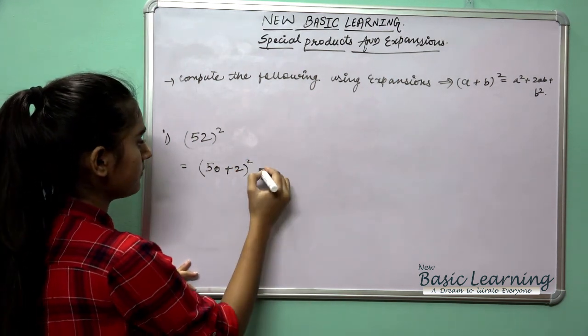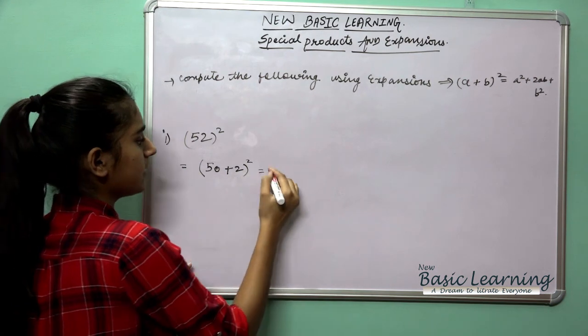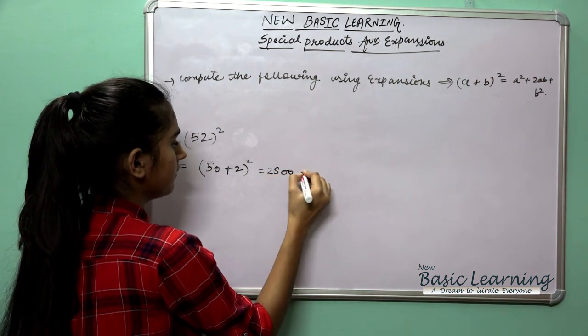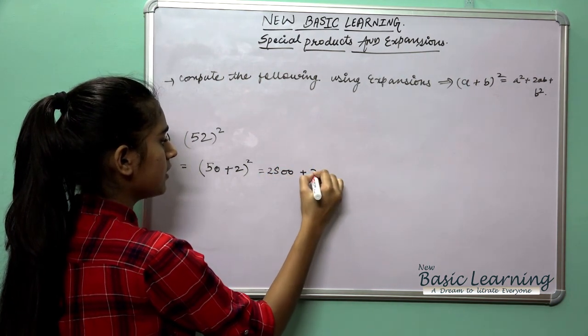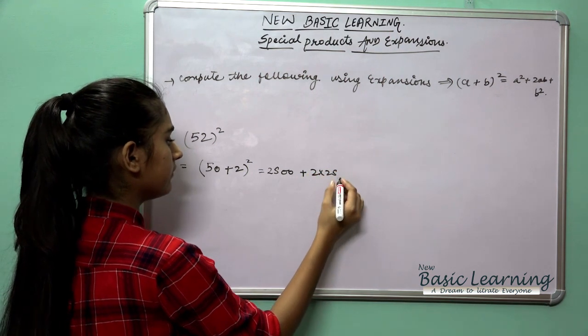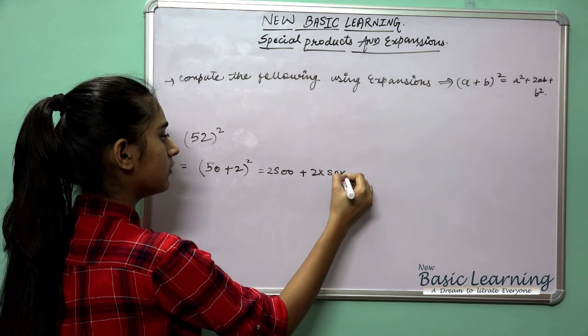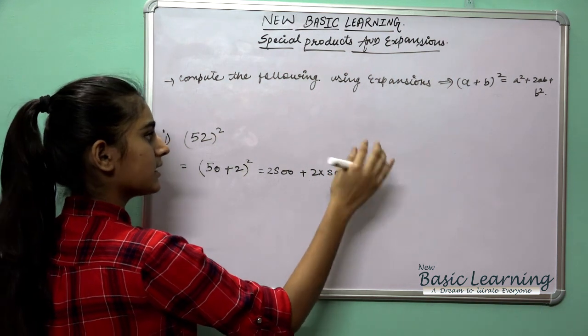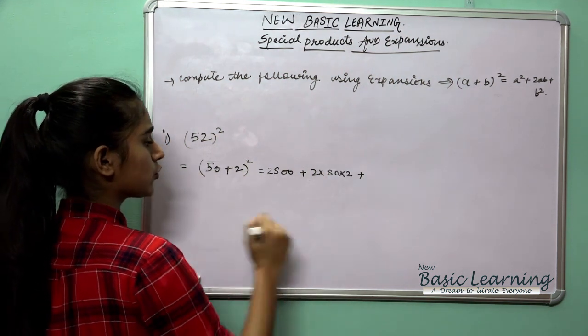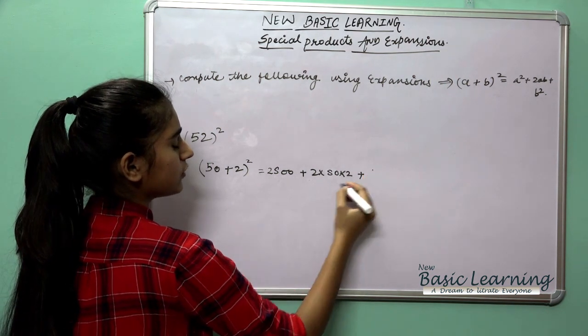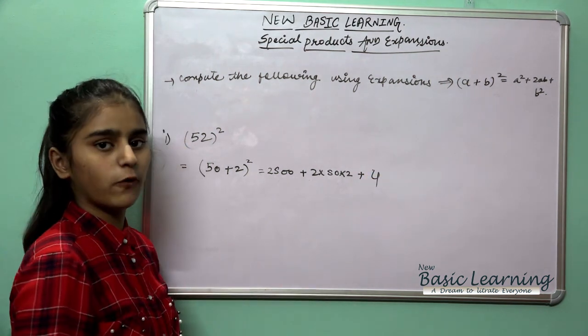Okay. Now 50 square is 2500 plus 2 into 50 into 2 plus b square, b value is 2, so 2 square is 4.